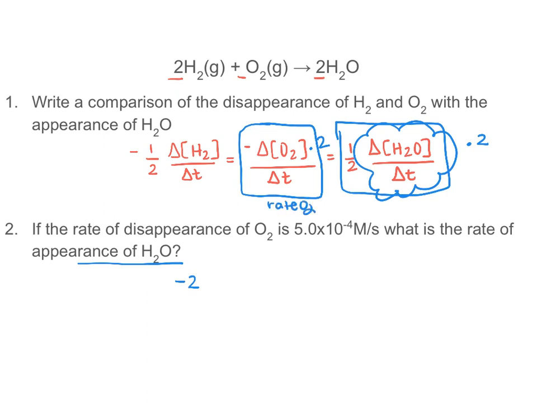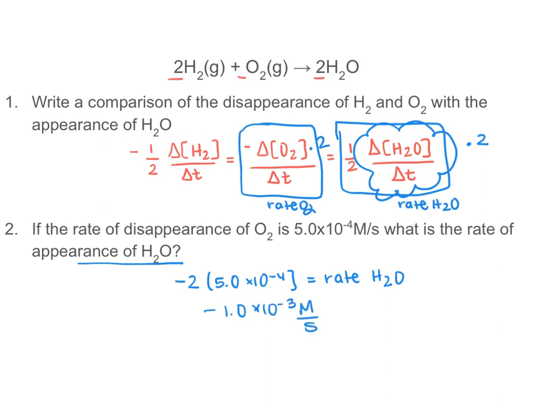So -2 times 5.0 times 10 to the negative 4th equals the rate of H2O, which is what we're looking for. Okay, so it will be negative 1.0 times 10 to the negative 3rd molar per second.